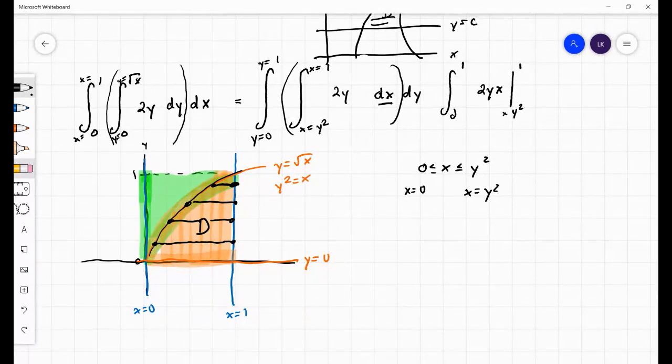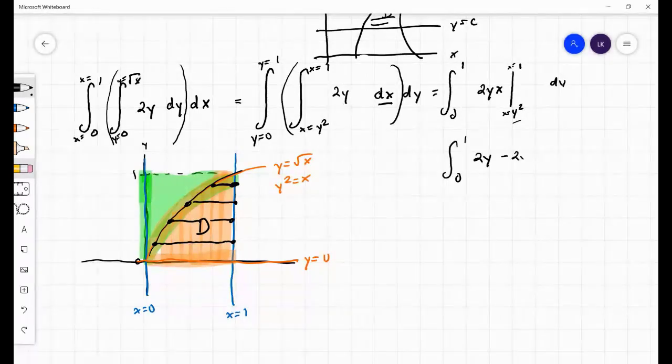If you get confused, just remember those are x bounds, so you're going to be replacing x. At the upper bound, x is 1, minus at the lower bound, x is y squared, so we get 2y cubed.